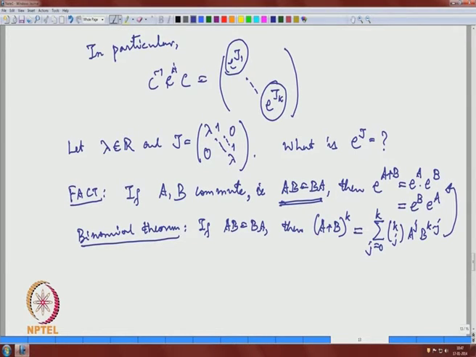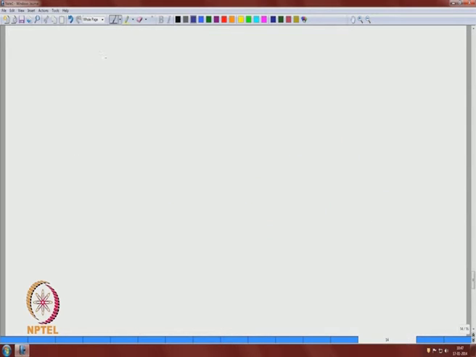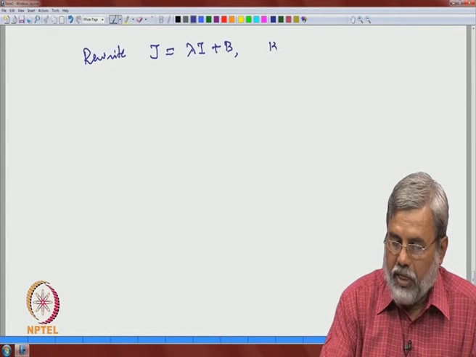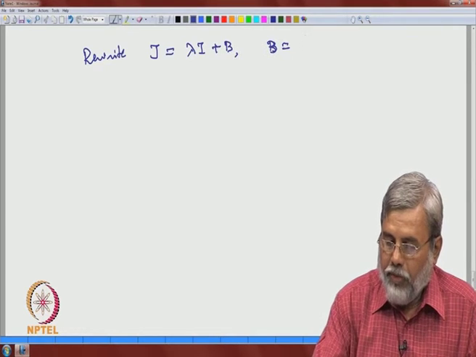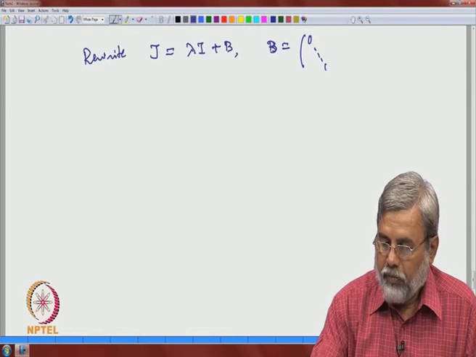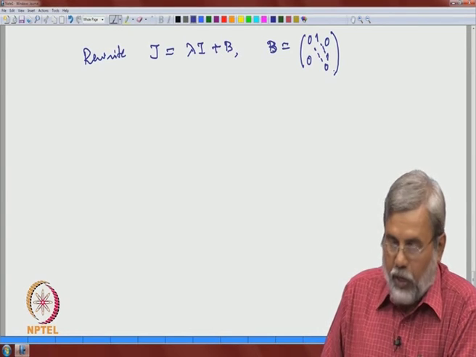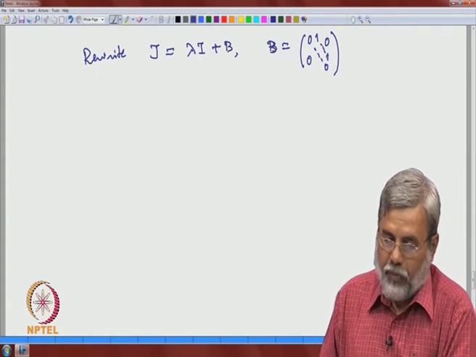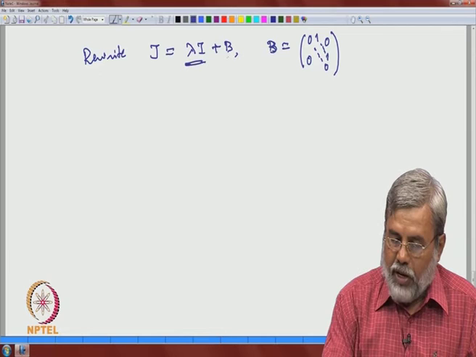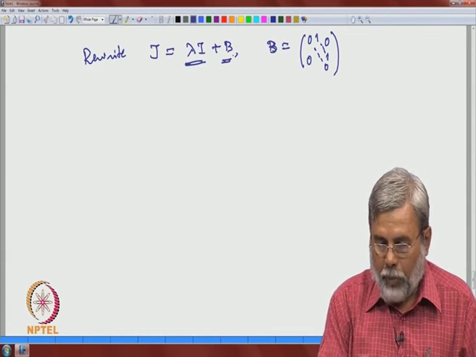So, now we apply this to J. Okay. So, rewrite J as lambda I plus B. So, B is this matrix with 1 1 1 1. So, everywhere 0 except the super diagonal, which is just all ones. And since this is identity, these two matrices commute.